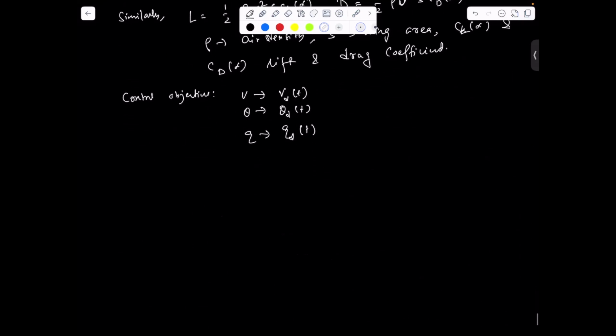So this is our mission objective. Now let us define a state vector, since we are going to control multiple states in the system. Let us define the state and output vector.